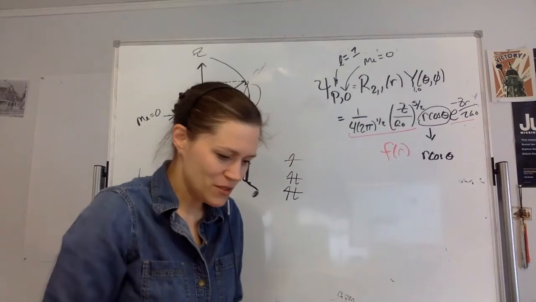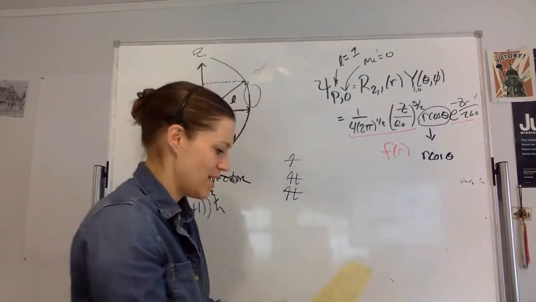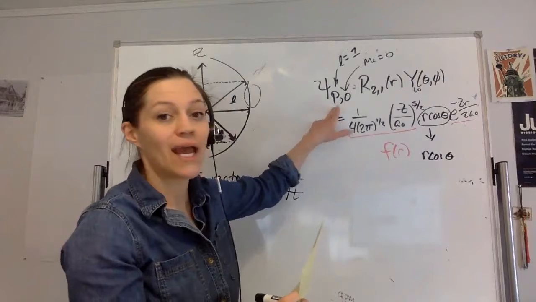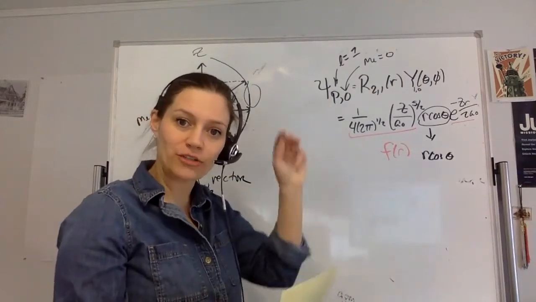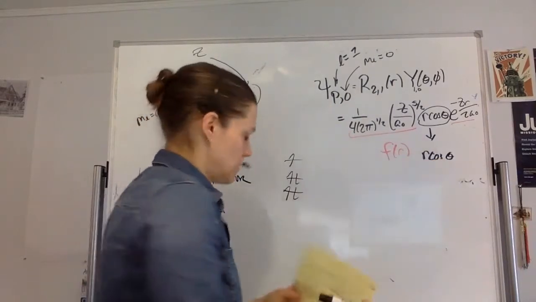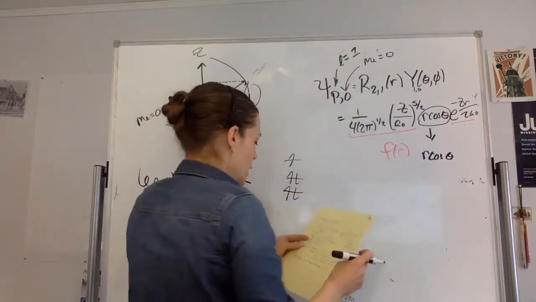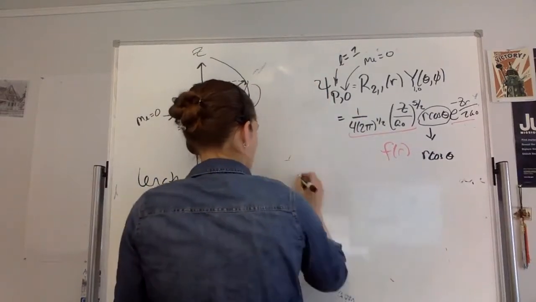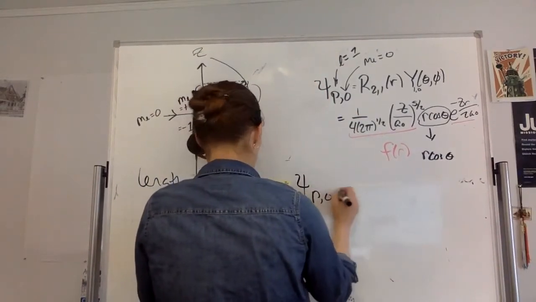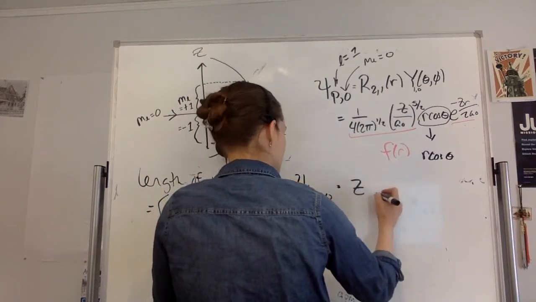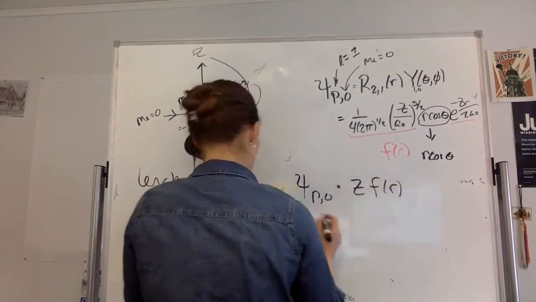So then what I can say is I know that the p orbital, again, we're in a p orbital, has 3 different directions. Okay, the p up, p middle, p that way. So psi p0 equals z times f of r.